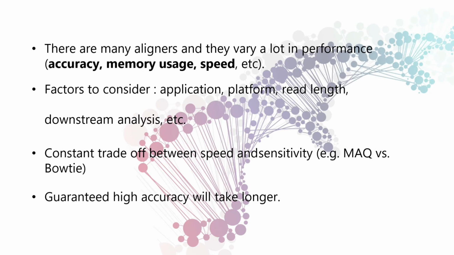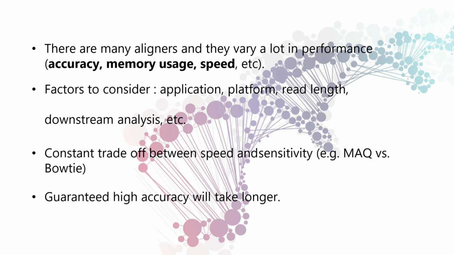There will be a constant trade-off between speed and sensitivity. For example, take the Bowtie and Mac tools. If you use the Mac tool, there will be a trade-off between speed and sensitivity. Mac is a speedy tool, Bowtie is not that speedy, but Bowtie is more sensitive.